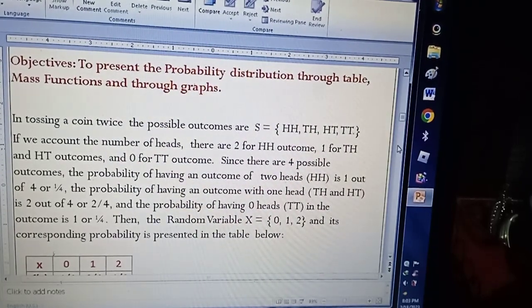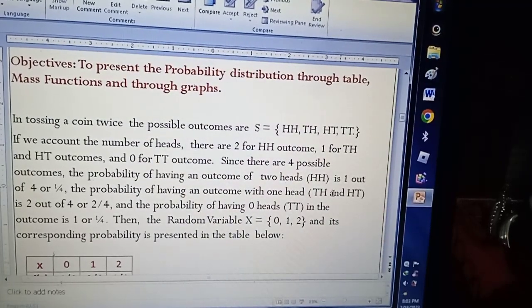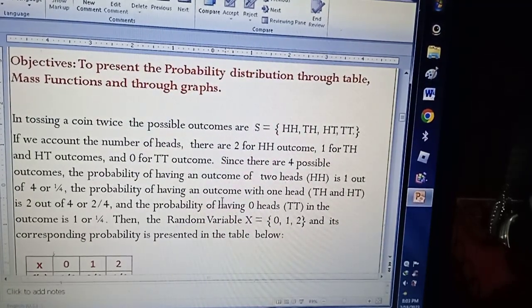Since there are 4 possible outcomes, the probability of having an outcome of 2 heads is 1 out of 4, or 1/4. And the probability of having an outcome with 1 head, that is TH and HT, is 2 out of 4, so 2/4.